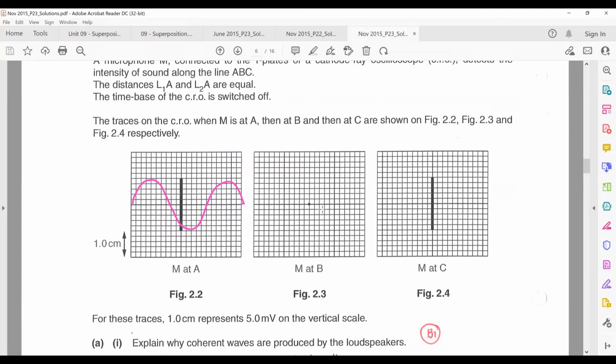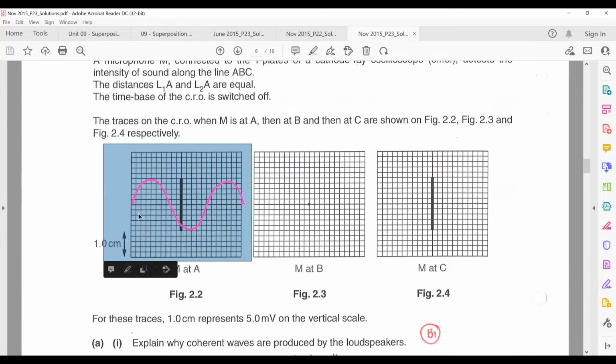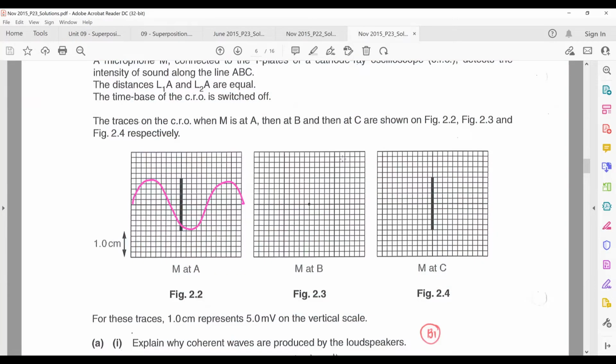If you look at the previous page, the one that shows you the CRO screen, one common thing that people somehow mistook was they say that this entire length is A. This is not correct.